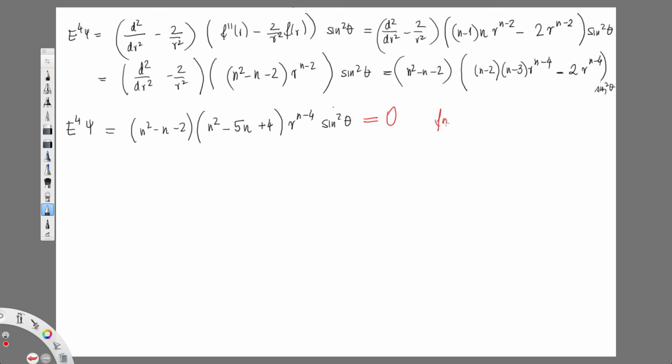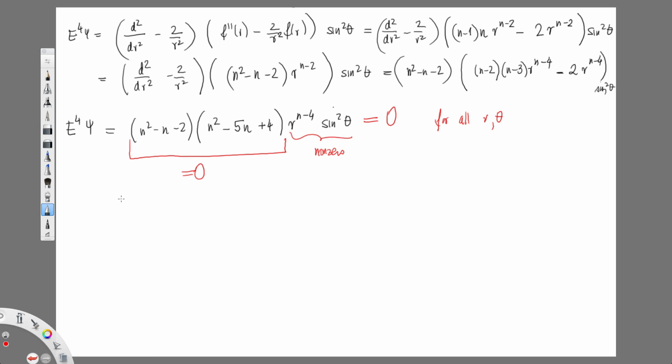So this is a non-zero part, then obviously this has to be 0. So I have to find n for which that is true.